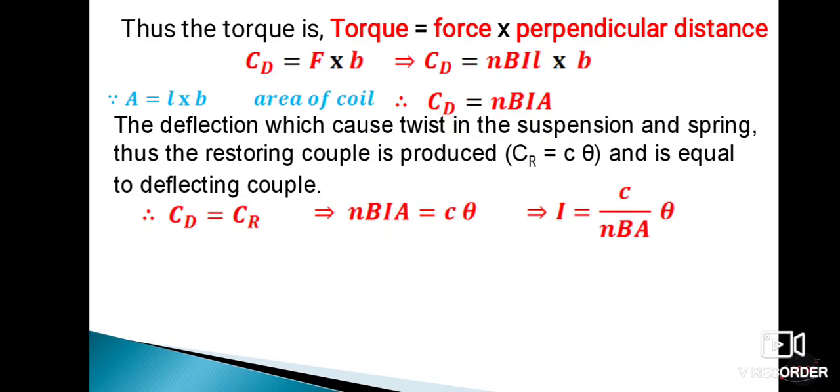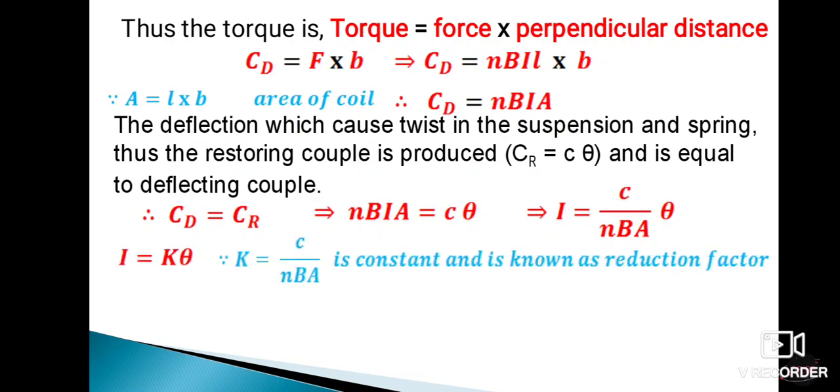From this, the current I is equal to C divided by NBA into theta, or we can write I is equal to K into theta, where K is equal to C divided by NBA, and it is a constant, known as the reduction factor of the galvanometer.